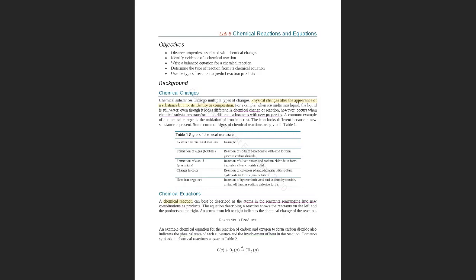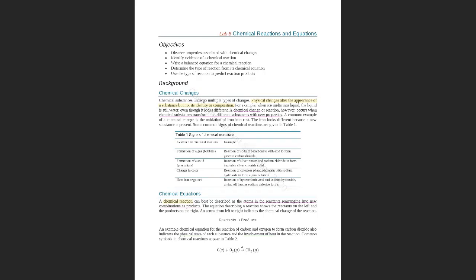For 2 of the 7 reactions, you will need to look at a video and then write your observations. Also, you will have to identify when you are in the presence of a chemical reaction.